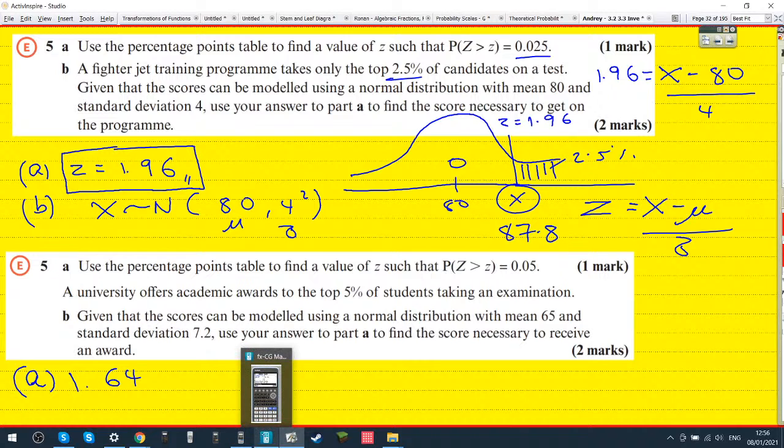Okay, and B, what would it be to 5 sig fig? 1.6449. Okay.